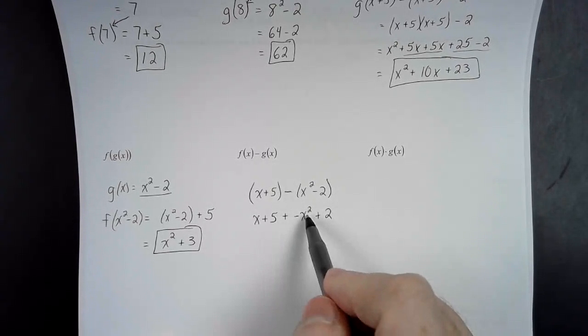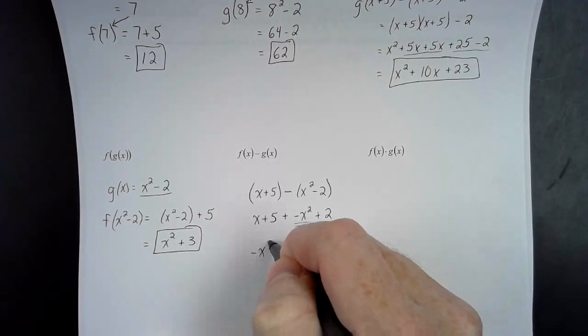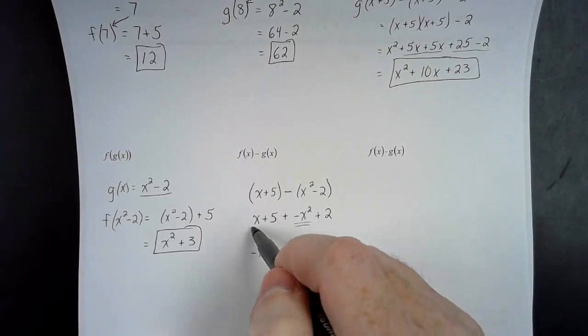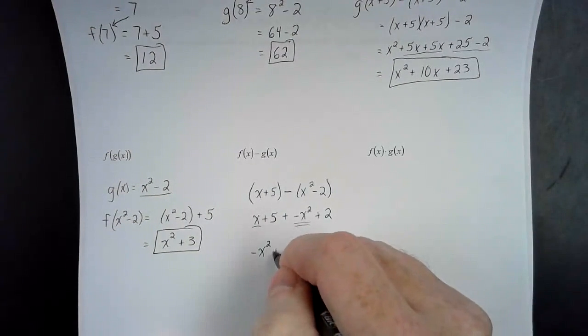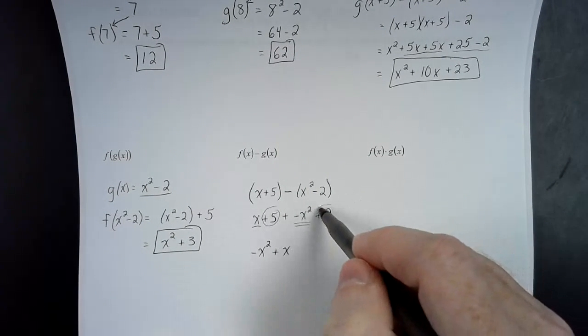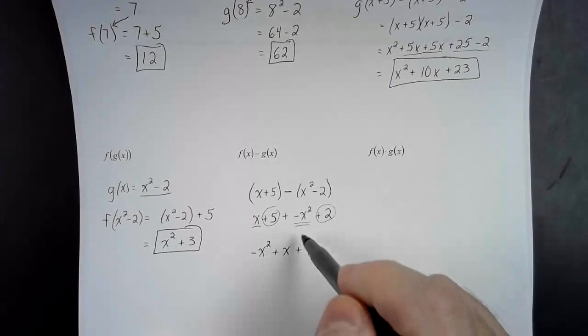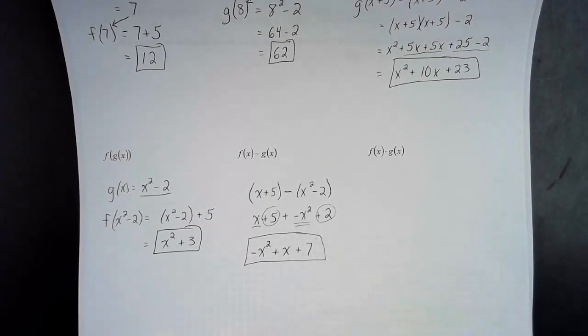So in order, this is our only x squared, so we have negative x squared. This is our only x, so we have a positive x, and then a constant of 5 and a constant of 2 make 7. So that is the final answer there for the subtraction.